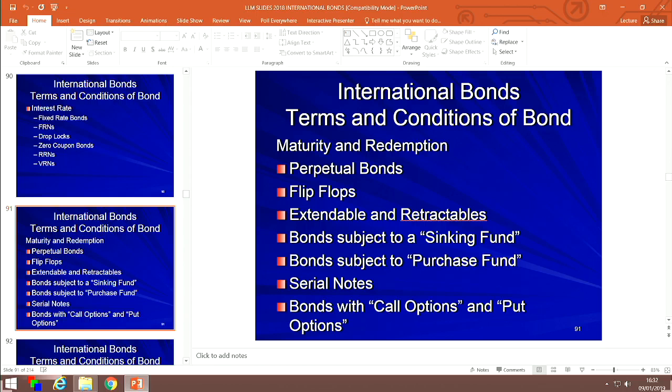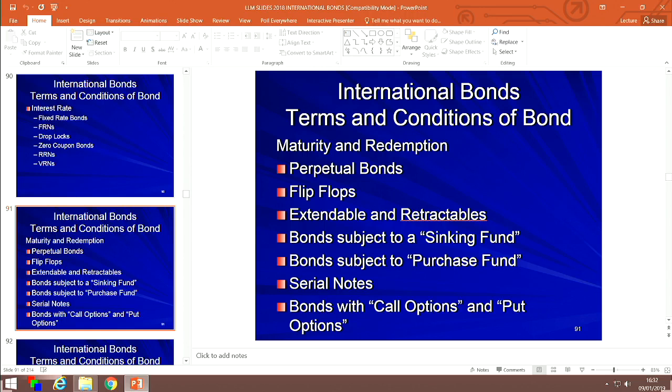Flip-flops are perpetual bonds which have an additional feature to them. This is a perpetual bond which is issued with no maturity date, just like the normal perpetual.